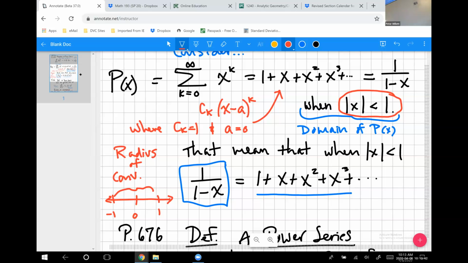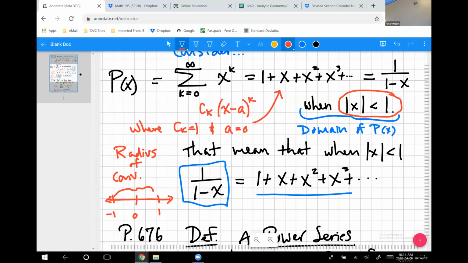In terms of the language of our new definition, the radius of convergence was 1, because you can deviate away from the a value of 0 a distance of 1 to the right or to the left, but not equal to 1, not more than 1. So you had a radius R of 1, and that gave you a domain where the absolute value of x has to be less than 1. That's an example of how we could use this language of radius of convergence.